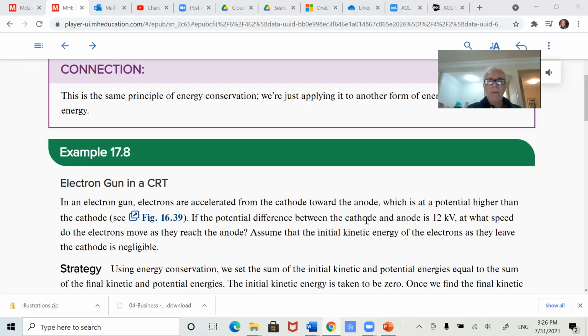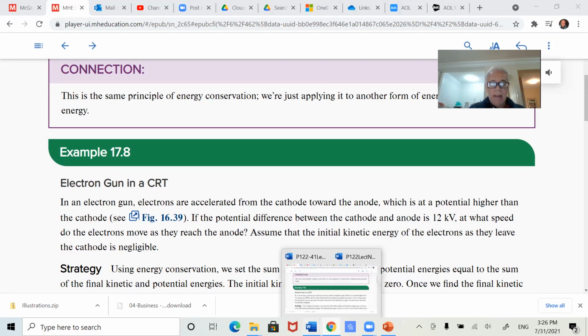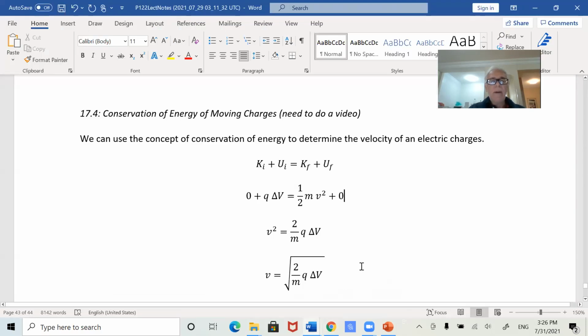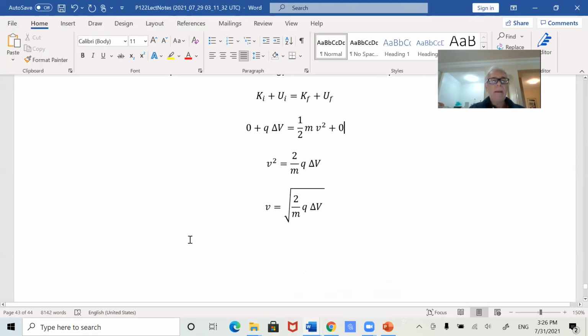If the potential difference between the cathode and anode is 12 kilovolts, at what speed do the electrons move as they reach the anode? Assume the initial kinetic energy as they leave is negligible. So we're going to use that equation that you saw to find out the velocity.